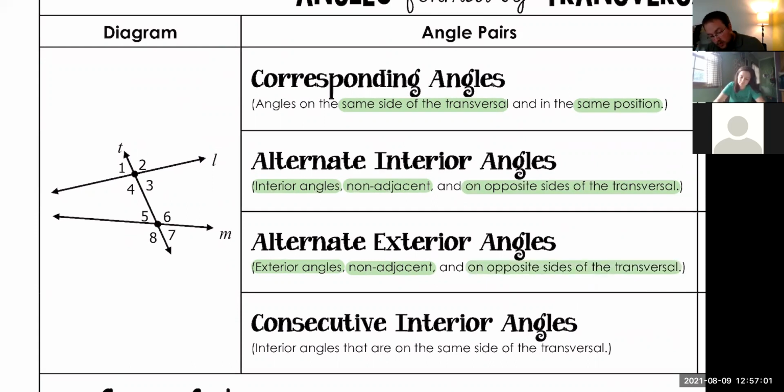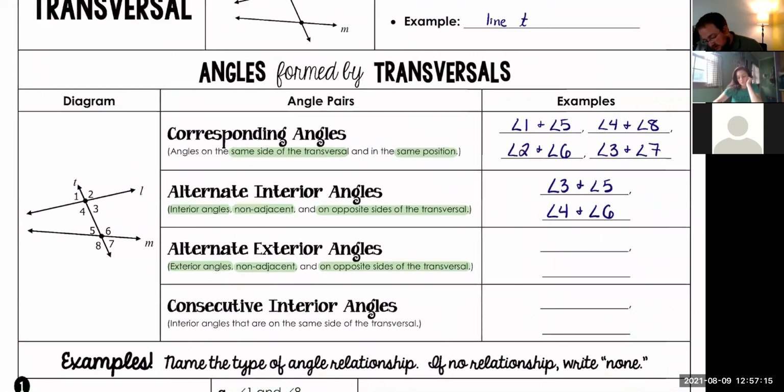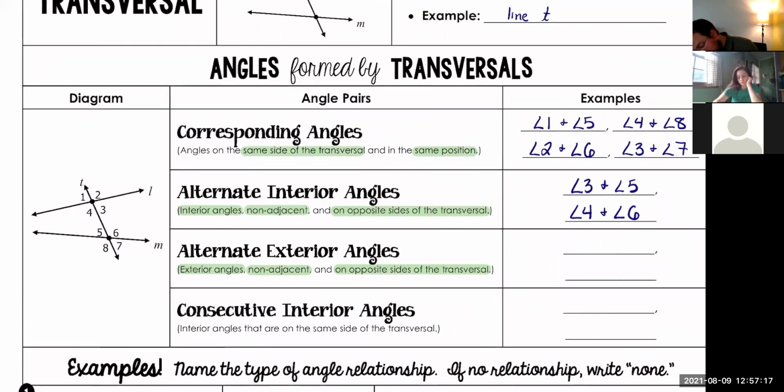So as I mentioned here, 1 and 2 are considered exterior, but they're adjacent, so we wouldn't want to pair those together. 8 and 7, same situation, also exterior. 1 and 7. So you're saying 1 and 7, okay, and then that would leave 2 and 8. So angles 1 and 7 are alternate exterior, and so are angles 2 and 8.